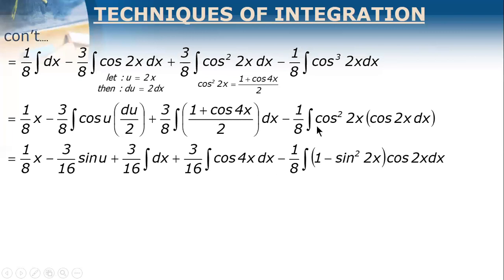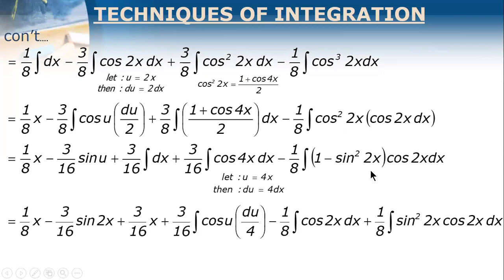And then cosine squared 2x is replaced by 1 minus sine squared 2x. Okay, so next, let u equal 4x, du for dx. Here, you have u equals sine. Let's separate first.